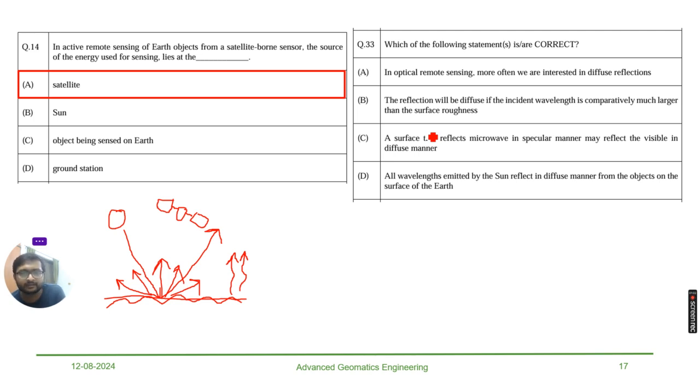Then we'll go to the second one. The reflection will be diffused if the incident wavelength is comparatively much larger than the surface roughness. So if the wavelength coming over to the surface is too large, then the diffusion happening is more. Is it right or wrong? Think about when we learned the scattering mechanism.